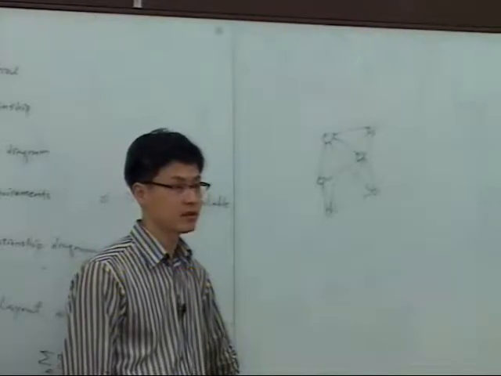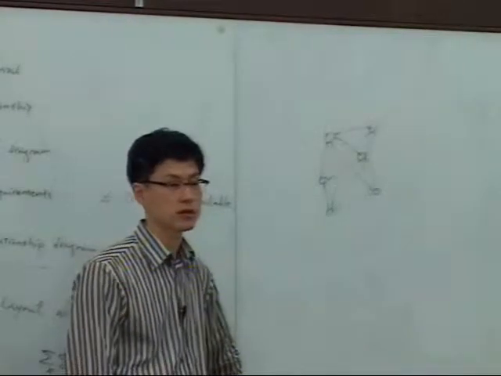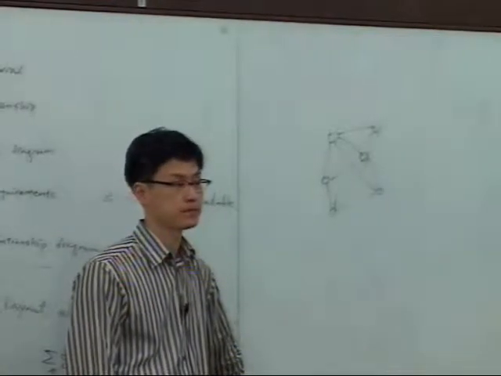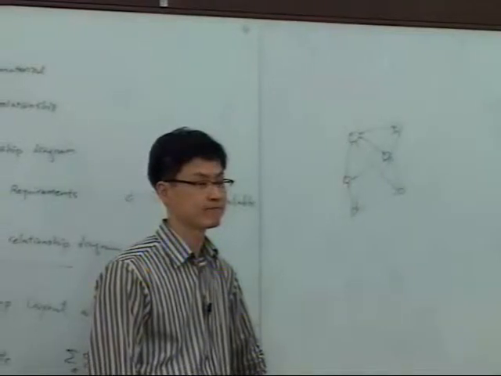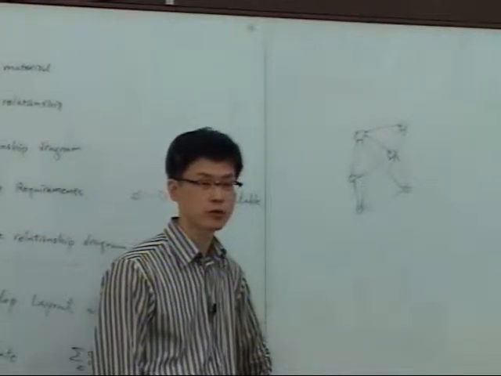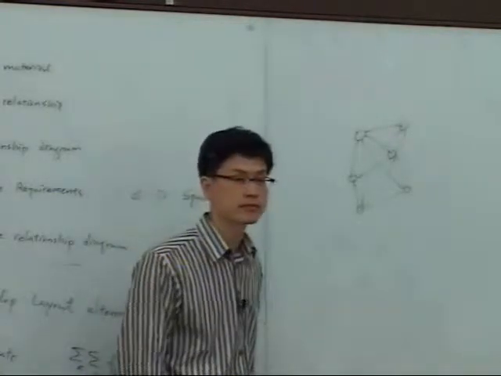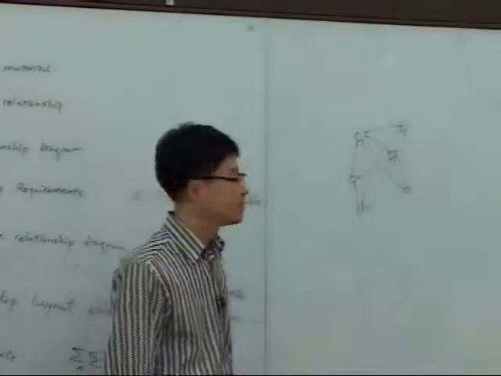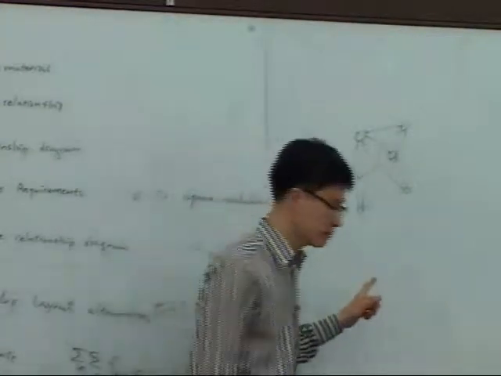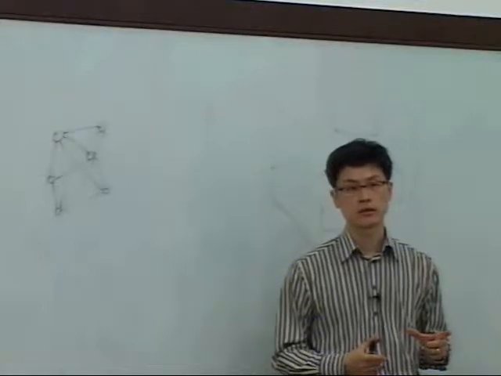Why do you think this kind of relationship diagram is not so good? Hard to compare, right? It needs to be easy. Yeah, that's one thing. And the other thing is, this is the topology of your department layout.